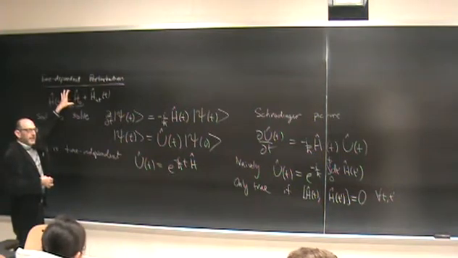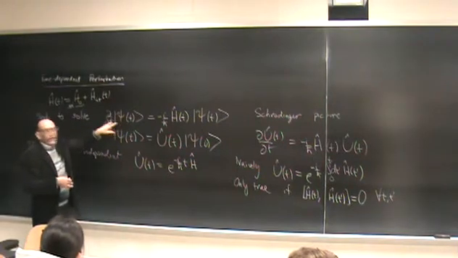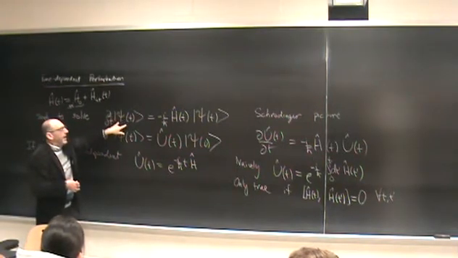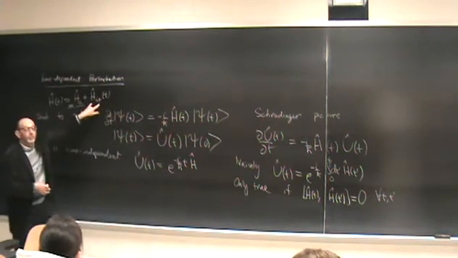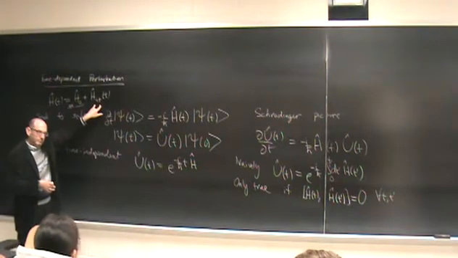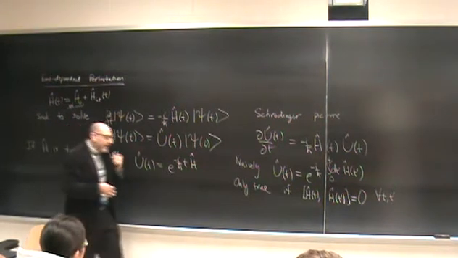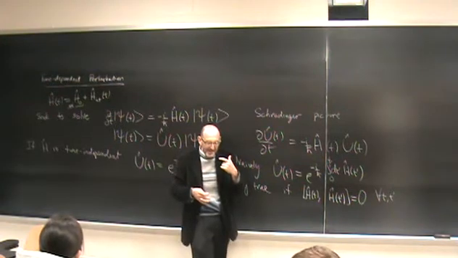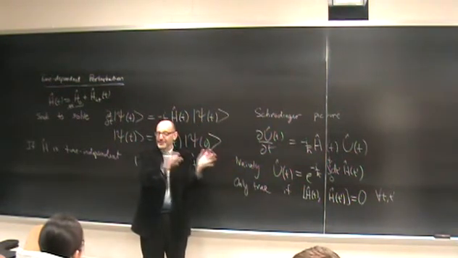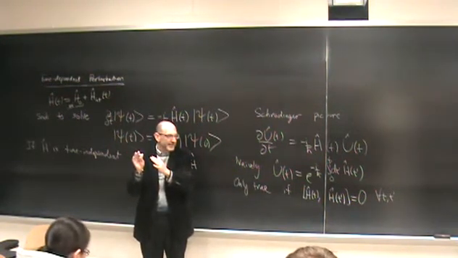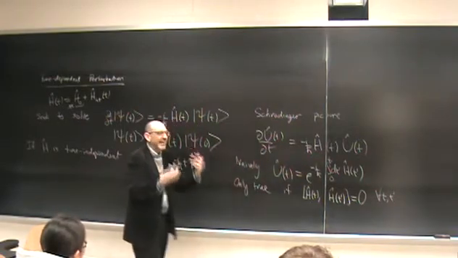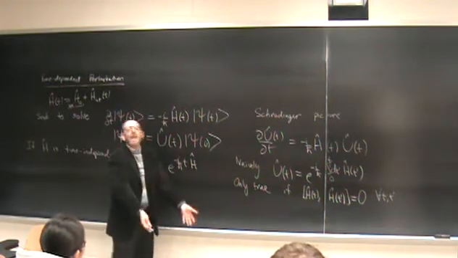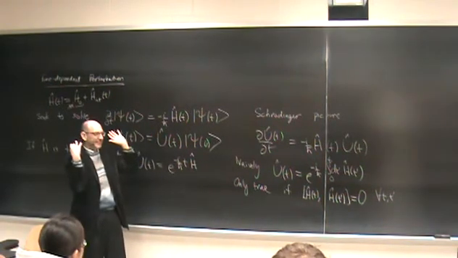So the way we do that is to take this time evolution out of the problem. Instead of having our state evolve according to the full Hamiltonian, we want to just have it evolve according to the part we don't know. The way we do that is similar to what we did when we went from the Schrödinger picture to the Heisenberg picture. In the Heisenberg picture, we took the time evolution out of the states completely and put it all together in the operators.